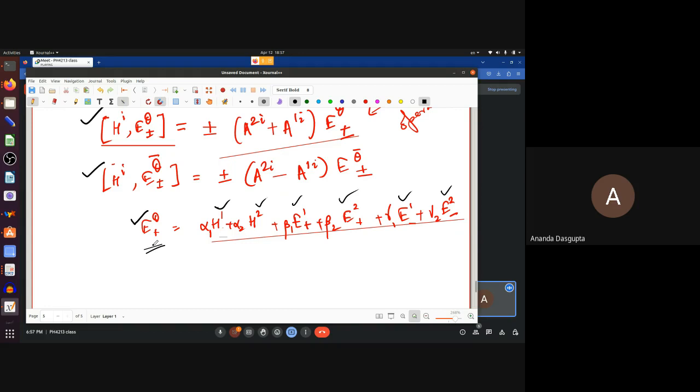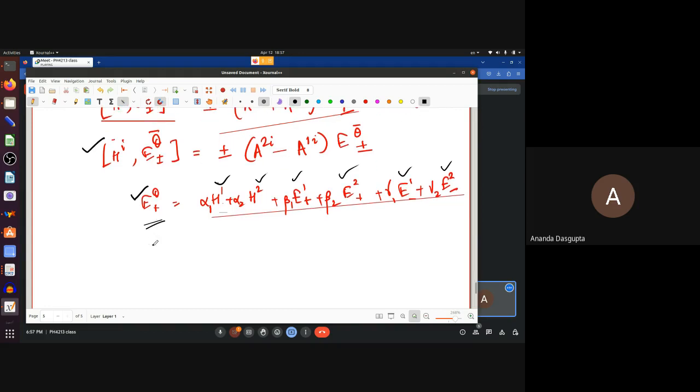So what's the simplest? E theta plus minus and E theta bar plus minus are both... Given the options, what is the simplest possibility?